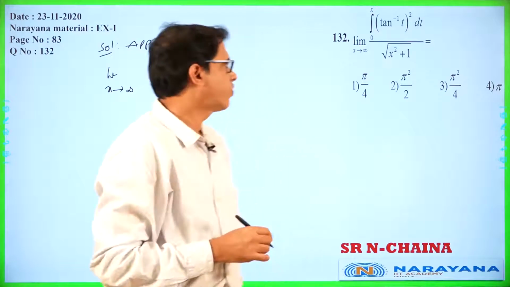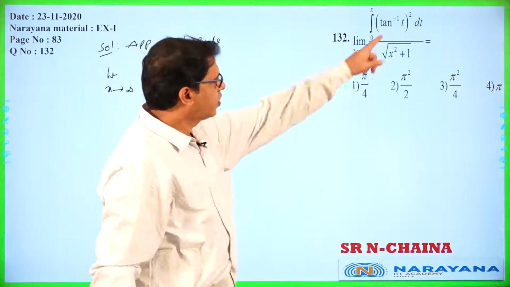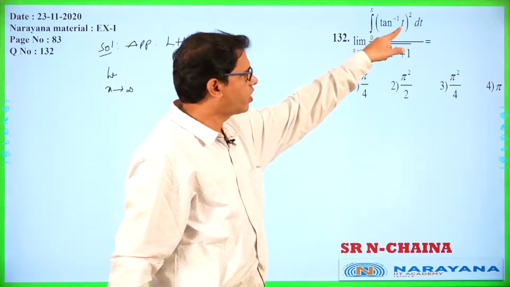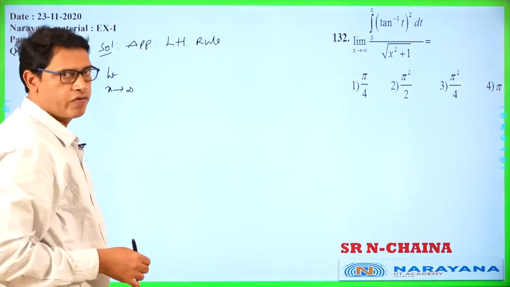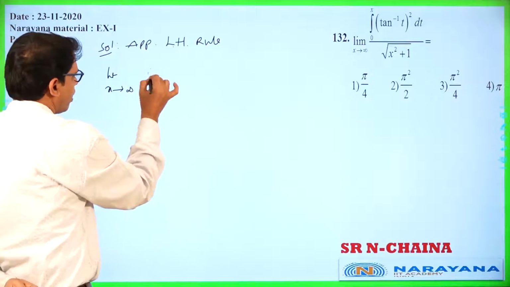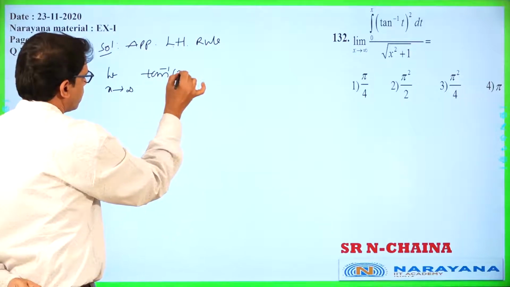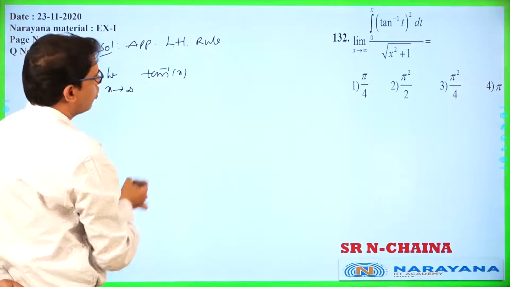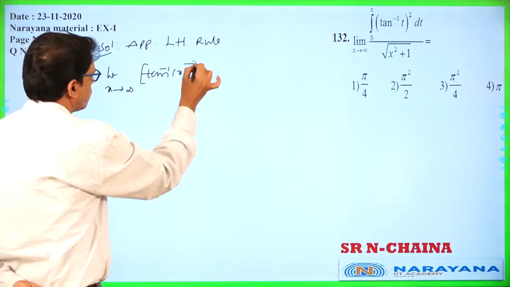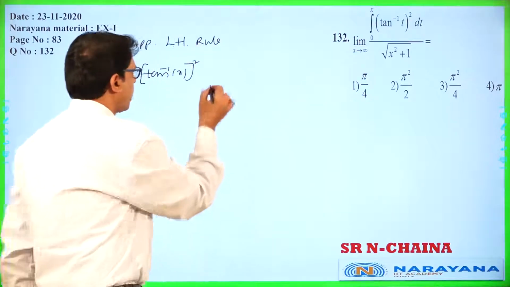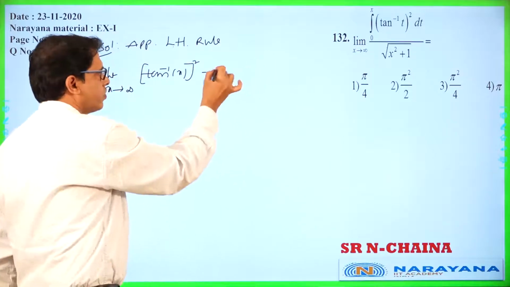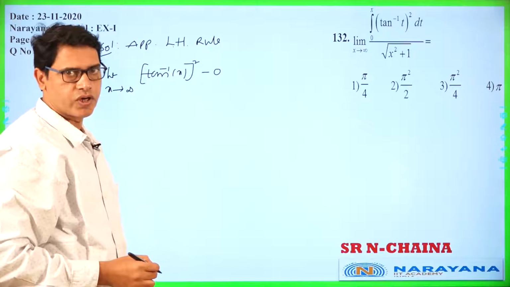Leibniz rule is what I said: first replace the variable with the upper limit. In the place of t we write x, so it is tan inverse of x whole square into derivation of x, which is 1. Minus lower limit value 0.